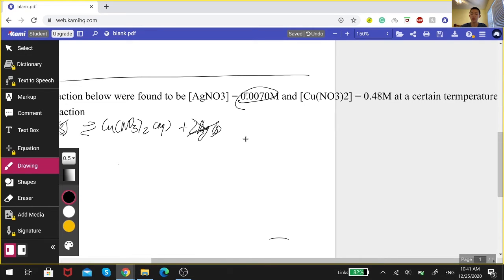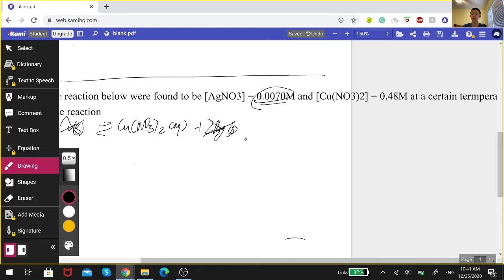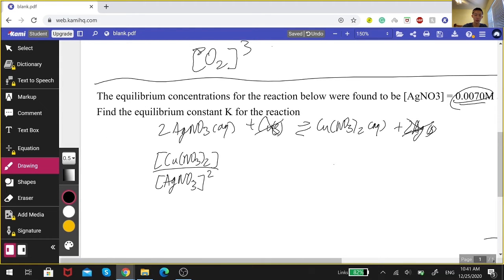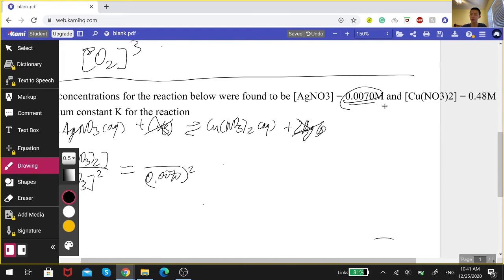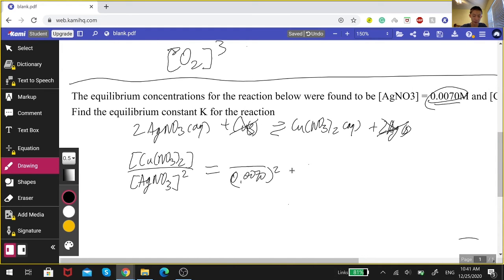We're given 0.007 and 0.48. So this will be 0.0070 raised to the second power on the bottom, and on the top will be 0.48. The final answer should give you something around 9,800.